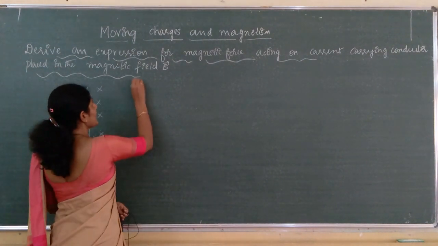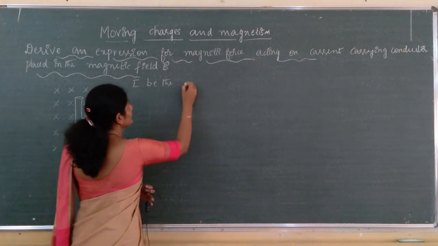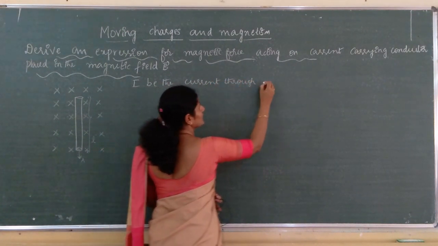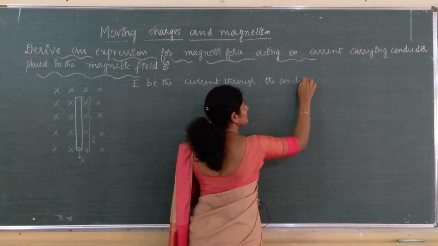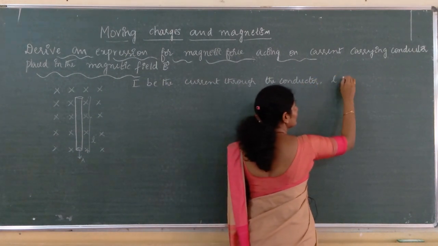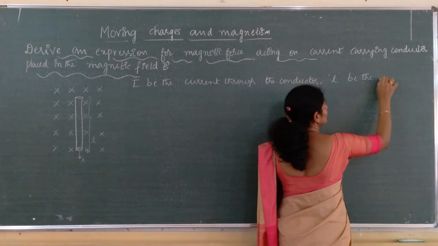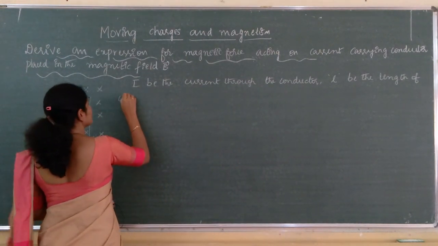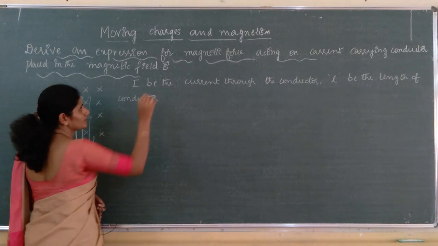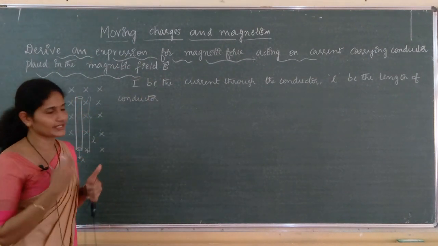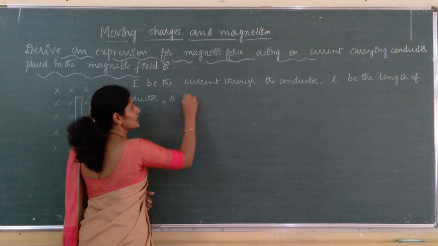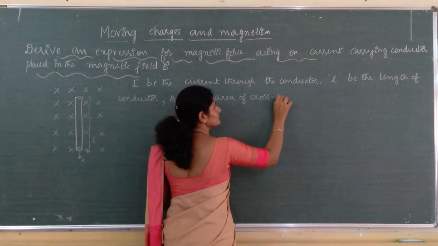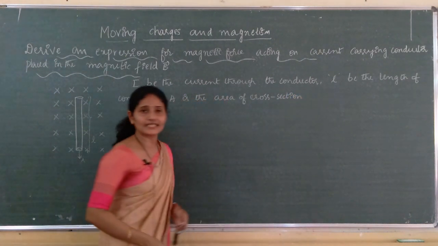So, let I be the current through the conductor, L be the length of the conductor, and A be the area of cross section.